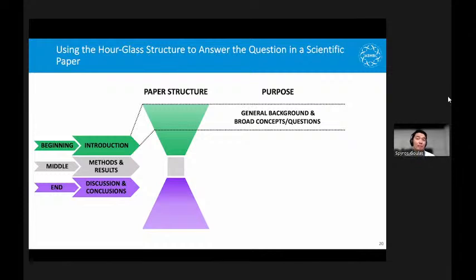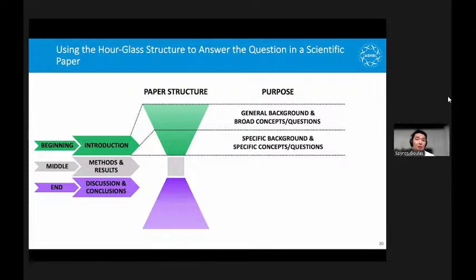This is where more broad concepts as well as broad questions are introduced, thereby having a wide scope. Then this is followed typically by more specific background that is necessary to understand the paper. It is where more specific concepts and questions are also commonly introduced, and therefore having a more narrow scope.